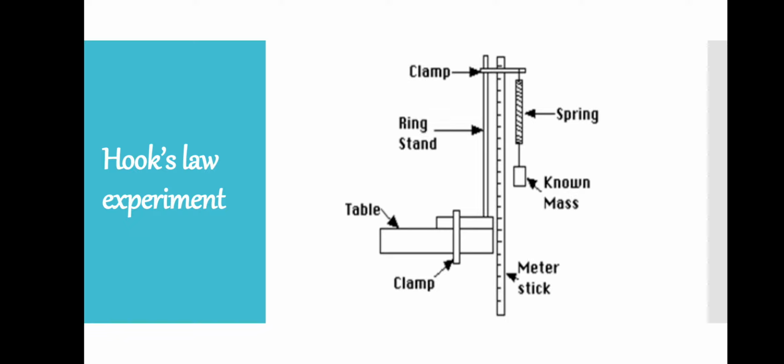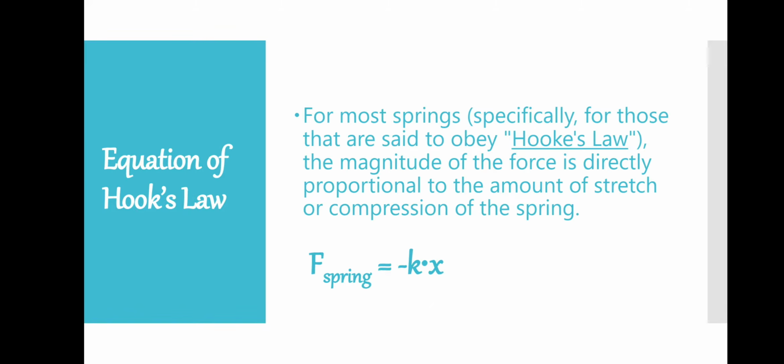The meter here would prove that the amount stretched, the displacement, would be the same exact one as the displacement compressed. It will also prove that the weight of the object that pulls it downwards would be equal to the restoring force, but in opposite directions.